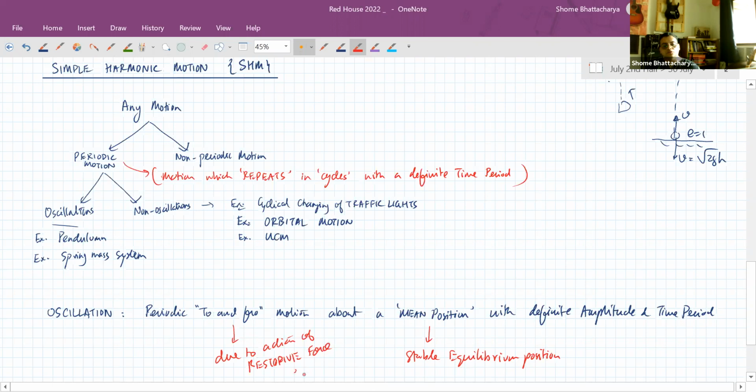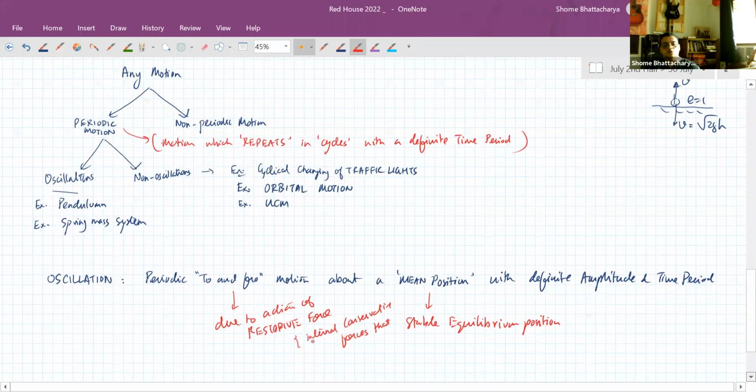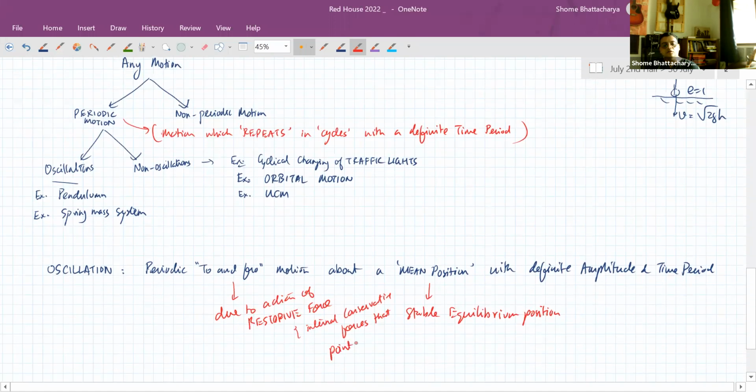Restorative forces are internal conservative forces that tend to restore the system, or you can say point towards the equilibrium position. Therefore, the equilibrium becomes a stable equilibrium position. So the system must have an equilibrium position defined, and it must have restorative force when you displace it from equilibrium. Then only it is capable of oscillating.